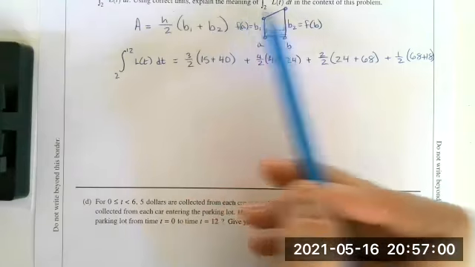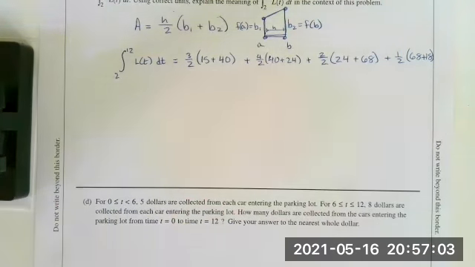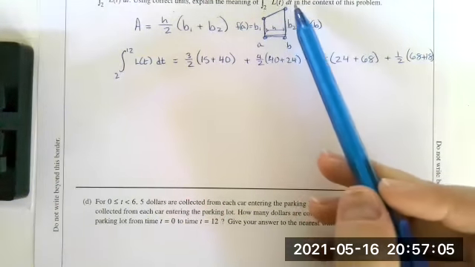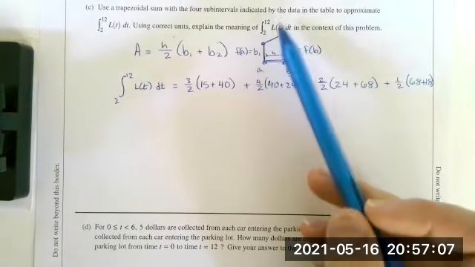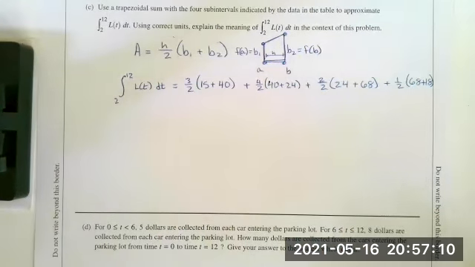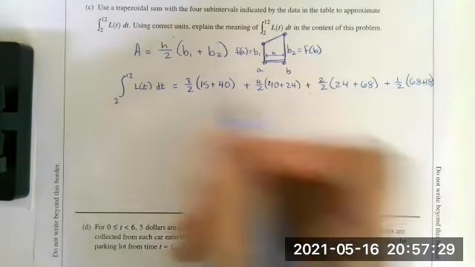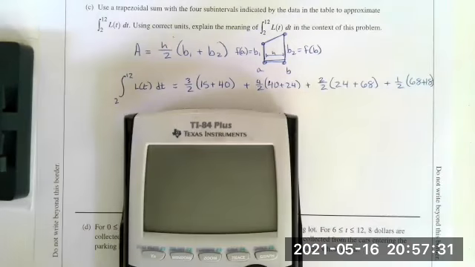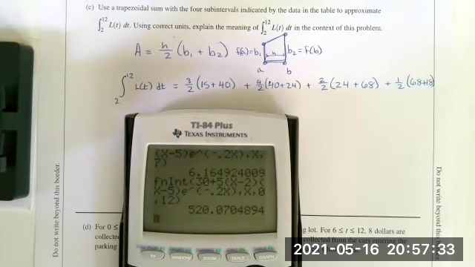Okay, using correct units, explain the meaning. So this is the accumulation because we are accumulating the rate of departure. This is the number of cars leaving the parking lot from time t equals 2 to time t equals 12, or from 7 a.m. to 5 p.m. To be honest, I'm just going to put this in the calculator.